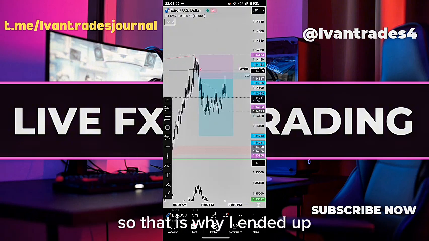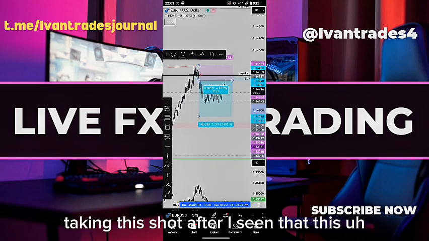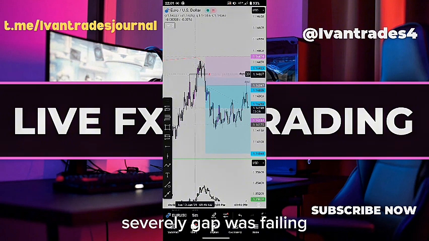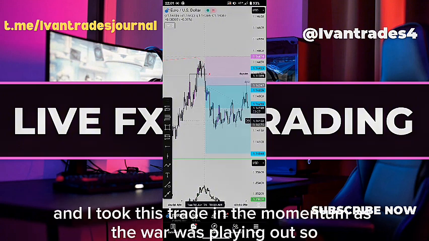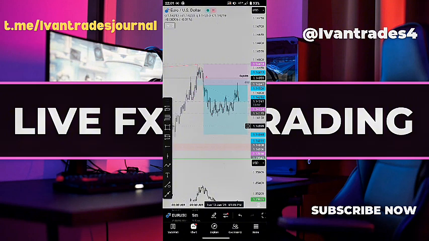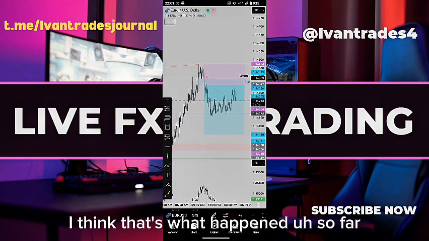That is why I ended up taking this short after I saw that this fair value gap was failing, and I took this trade in the momentum as it was playing out. I think that's what happened so far.